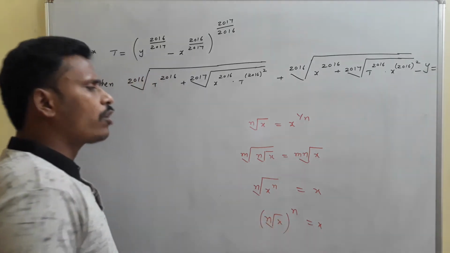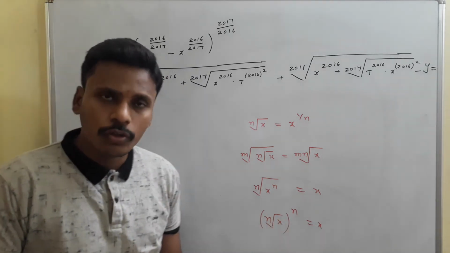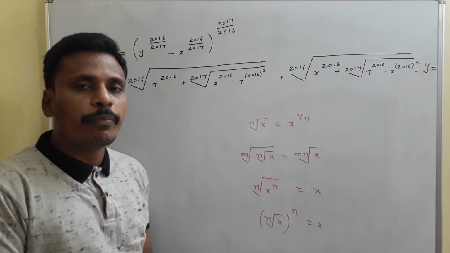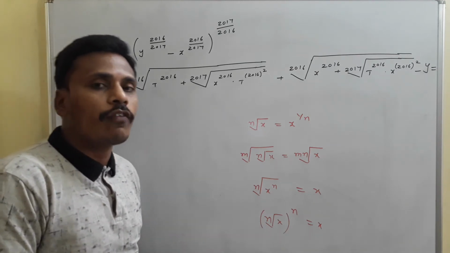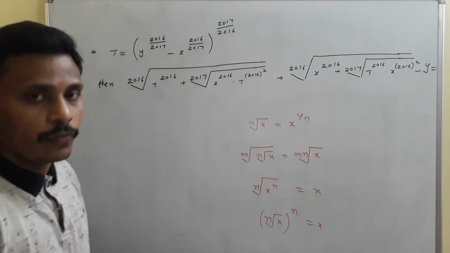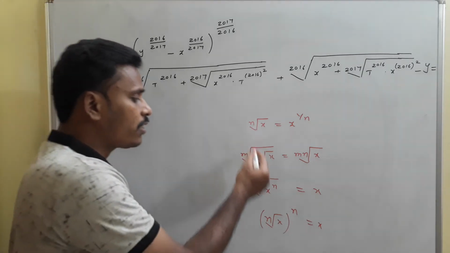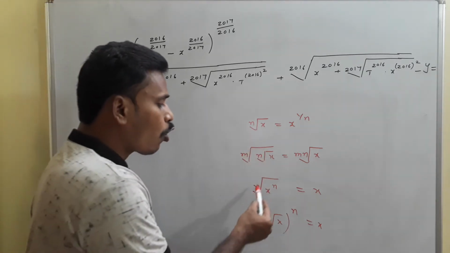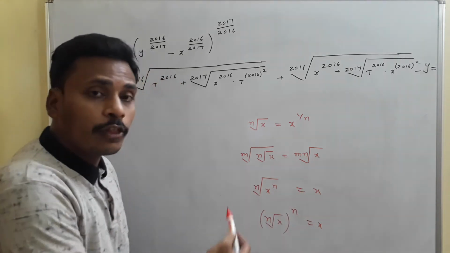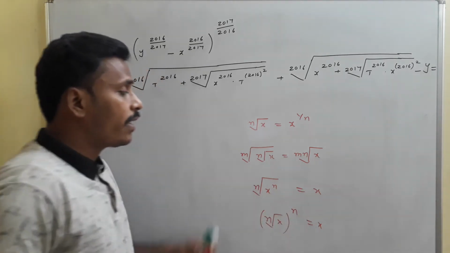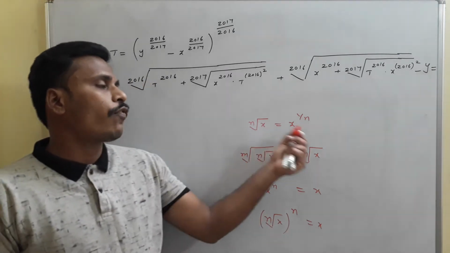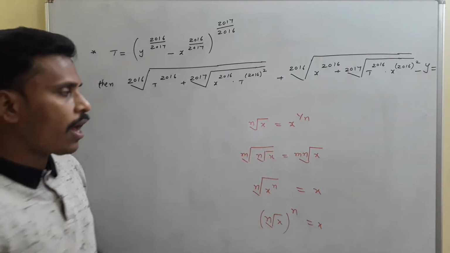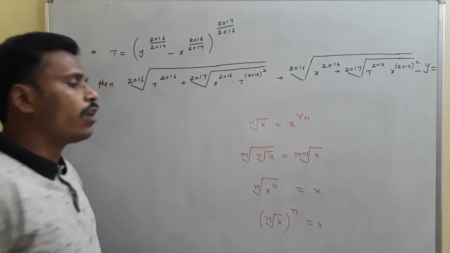There are different logics and observations related to the nth roots, and these four are some basic observations which we very frequently use in solving problems related to those nth roots. Okay, I am just revising all these things for you. Nth root of x power n is x, nth root of x is mnth root of x, and nth root of x is simply x power 1 by n. I think you are all aware of these laws.